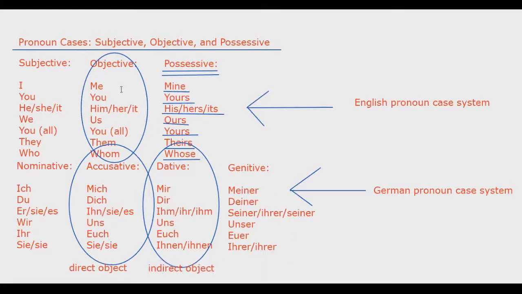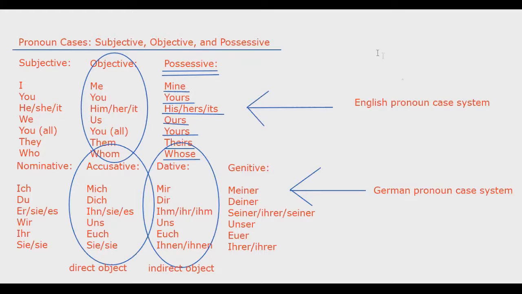But in English, the objective case is mapped to both. We do have the concept of a direct and indirect object, it's just that unlike in German, we don't map them separately. So we use the context to determine the difference, or sometimes prepositions, and I'll go into that further later. But just know that in English, the accusative and the dative combine to form one big objective case. So it's a little simpler than German in this regard.